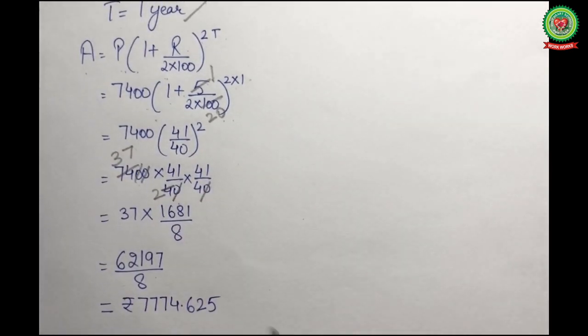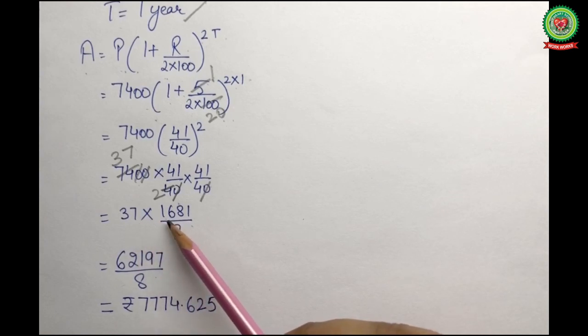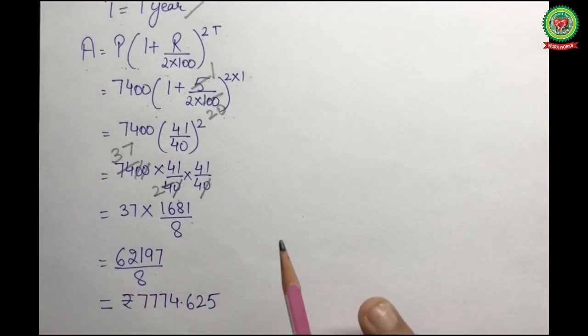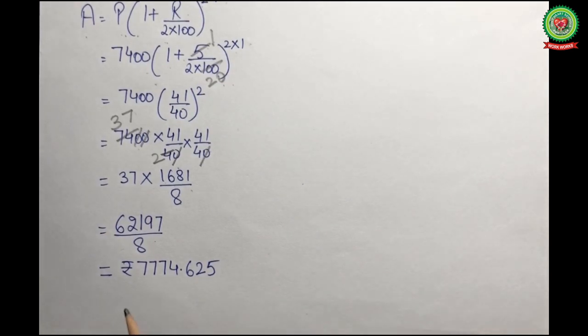So now on multiplying, we get 37 multiplied by 1681 upon 8. On multiplying 37 by 1681, we get 62,197 upon 8, and on dividing, we get the answer of amount as 7,774.625 rupees.